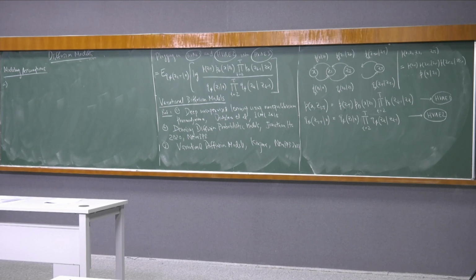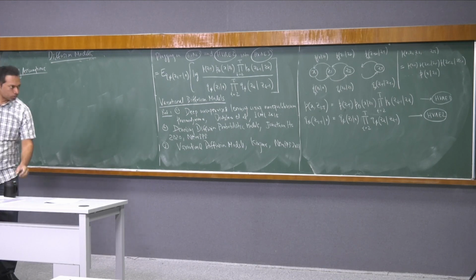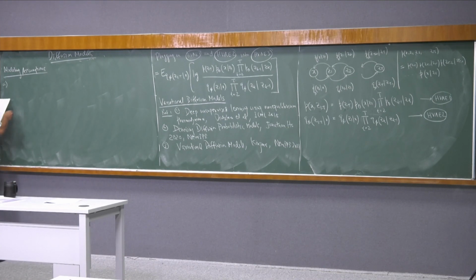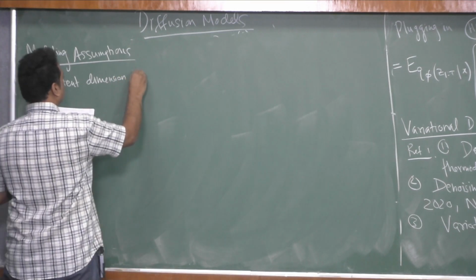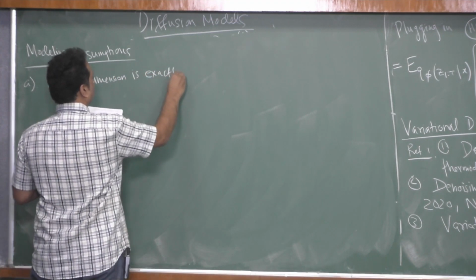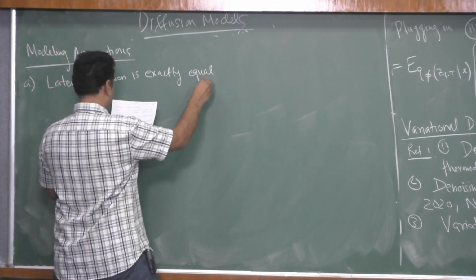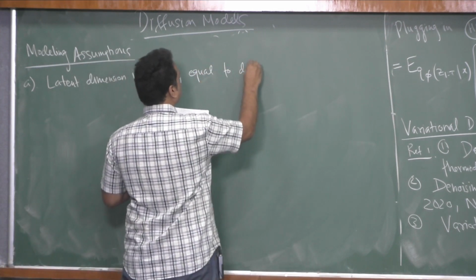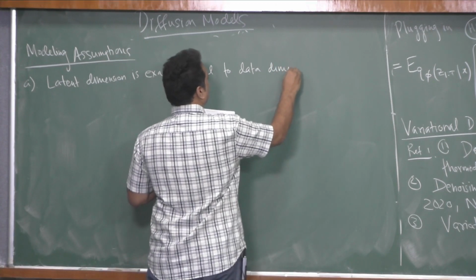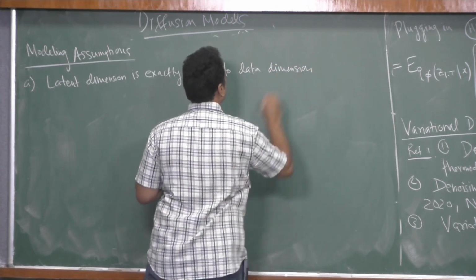But here we are saying no, we want the z_i's to be the same dimension as x, no compression. So that's the first thing that we will write down. So latent dimension is exactly equal to data dimension. Okay.